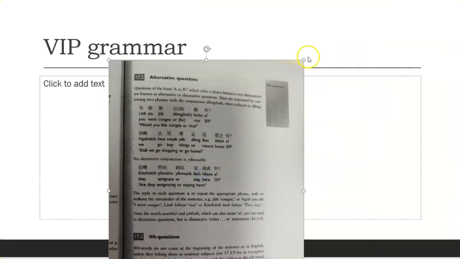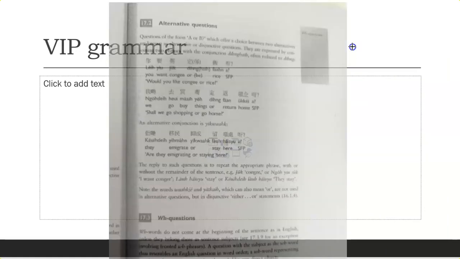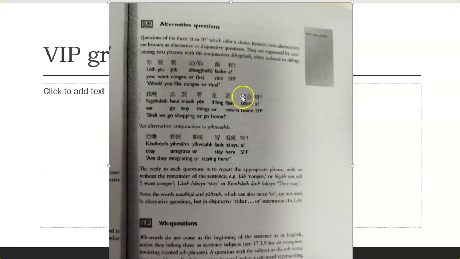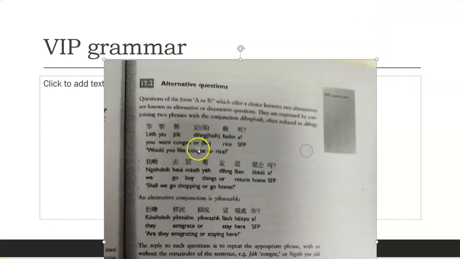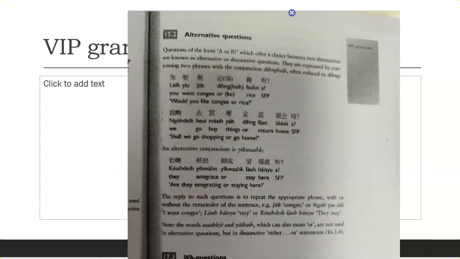So it's an alternative question. Maybe this is the one that we're looking for. 你要粥定係飯啊? Okay, makes sense. 我哋去買嘢定係返屋企?